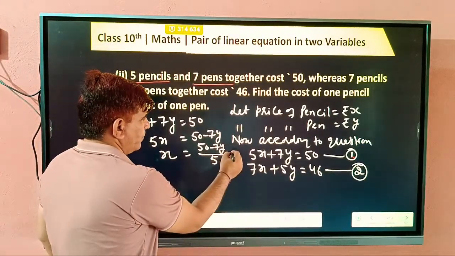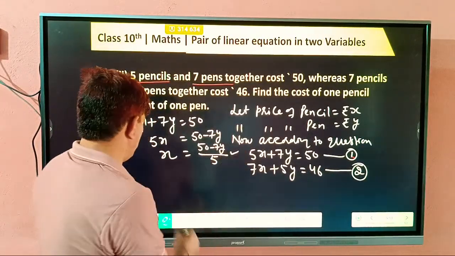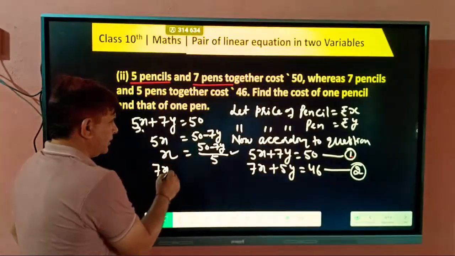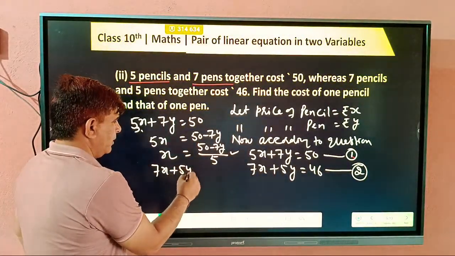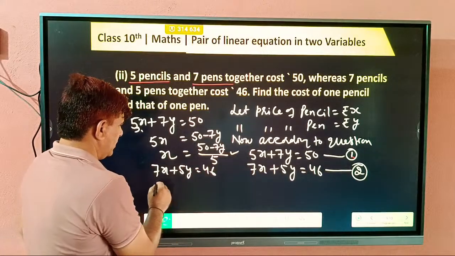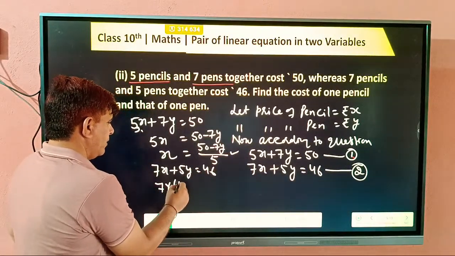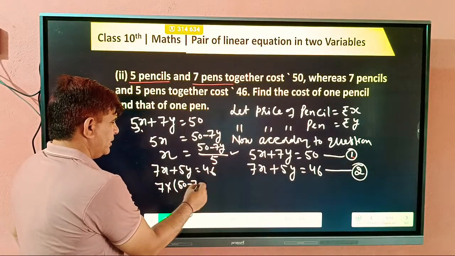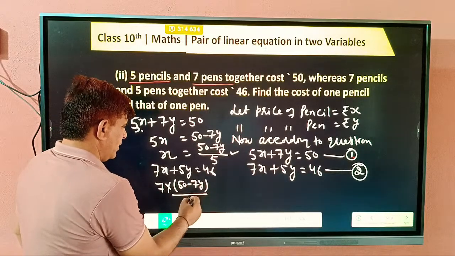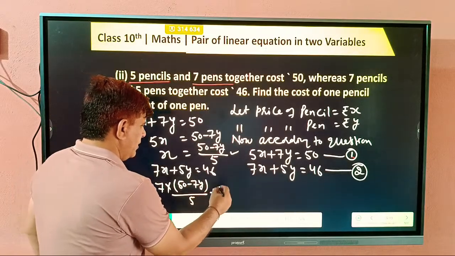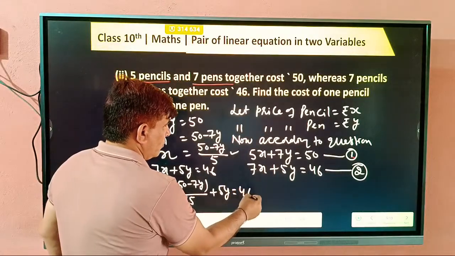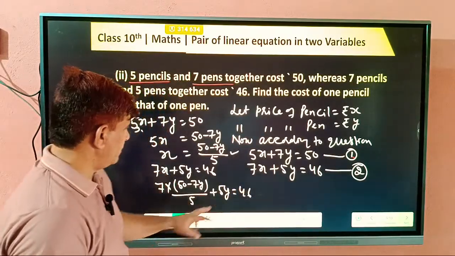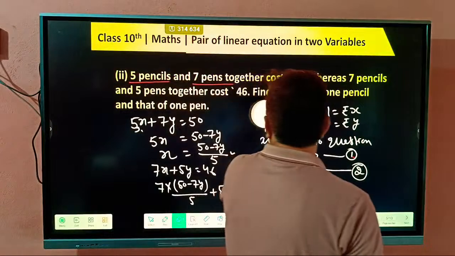Putting this value in the second equation, 7X plus 5Y is equal to 46. 7X value is 7 times (50 minus 7Y) by 5, plus 5Y is equal to 46. Yes or no?